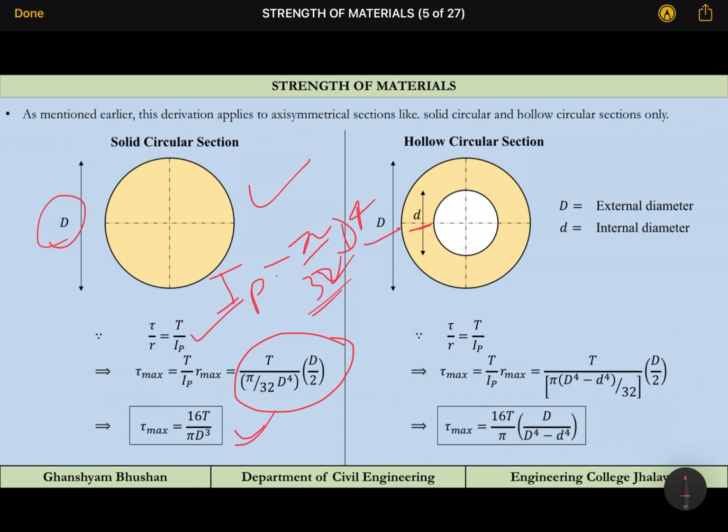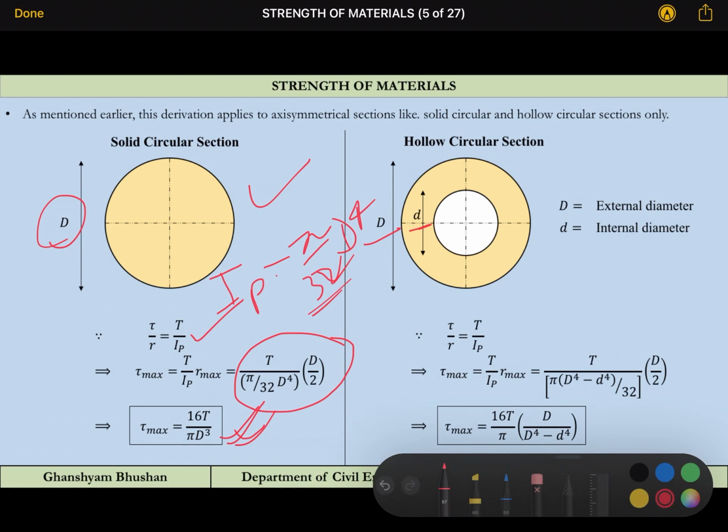In the GATE examination or in any competitive examination, from torsion they will directly use this formula. You have to use this formula and you will get the answer very fast. No need to derive in the competitive examination, or in the RTU examination also, if they are asking for 1 mark or 2 marks, directly use this formula. If they are awarding like 10 marks, then first you have to derive, then put all the values in the equation.